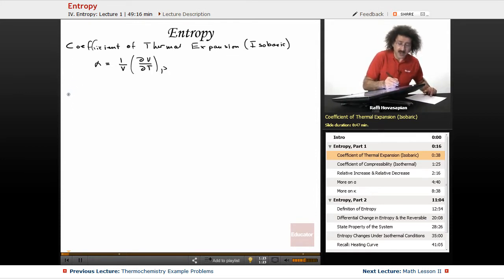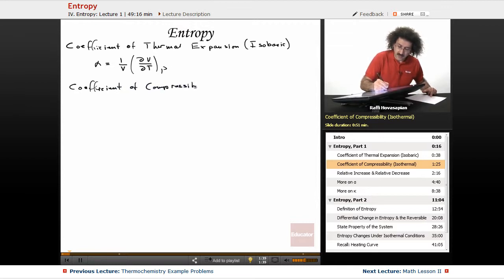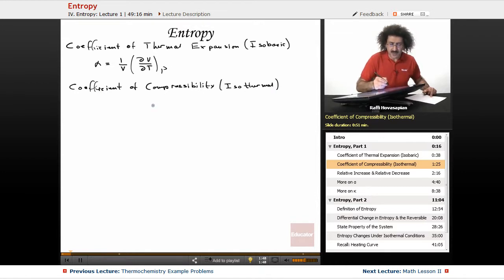The other one is called the coefficient of compressibility. And this one is isothermal. So you'll sometimes hear this one referred to as the coefficient of isothermal compressibility.